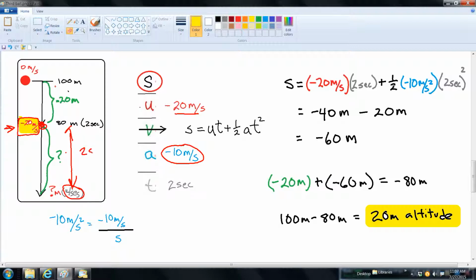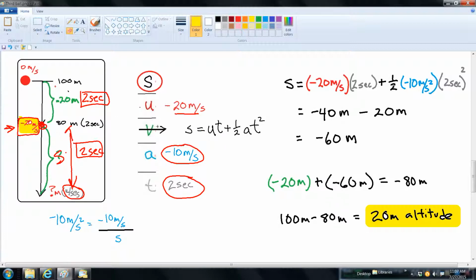So we've got another 2 seconds here. So we put that in there instead, and we're just interested in what the displacement is in the second 2-second interval. Here's the first 2-second interval where it fell, and now we're interested in the second 2-second interval.